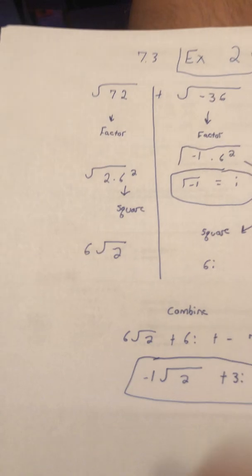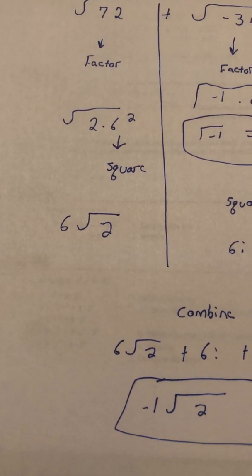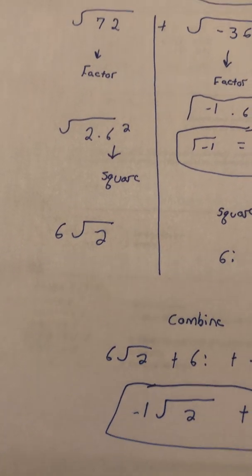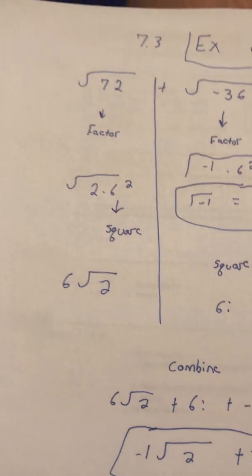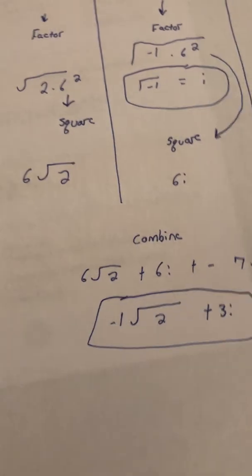All right. I factored my 72 out, as you can see here. Broke it down. 6 times 2 is 12 times 2. Make sure I haven't left out anything.